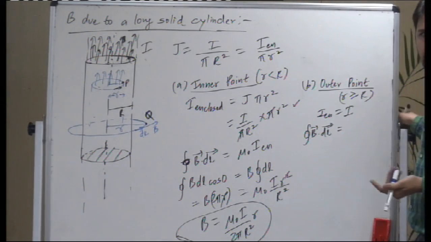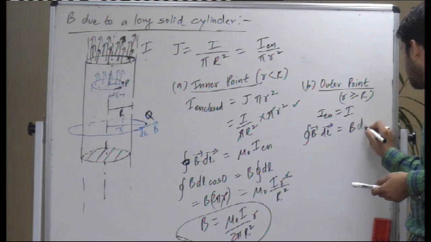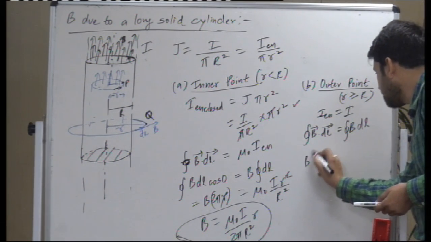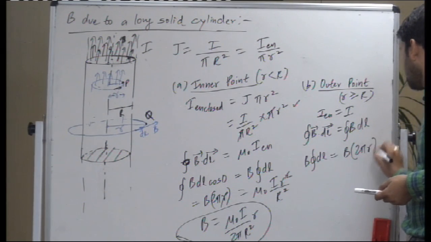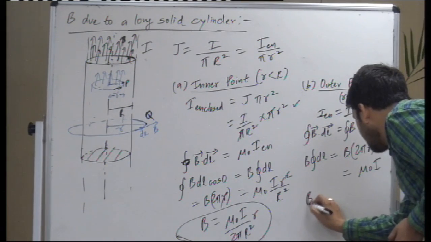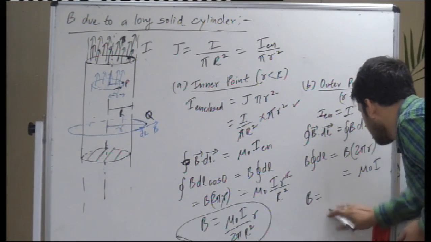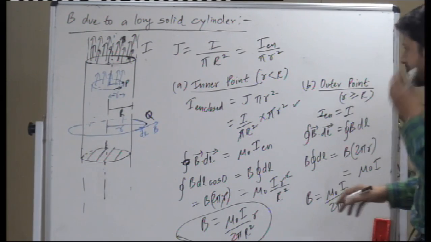We know that the magnitude of B is the same at every point. This is B closed loop integral dl, which is B into 2 pi r, and it is equal to mu naught I. So for an outside point it is the same as a wire, but r is the distance from the axis.